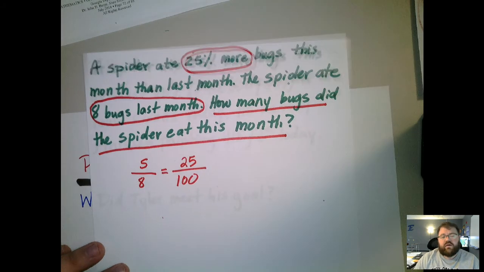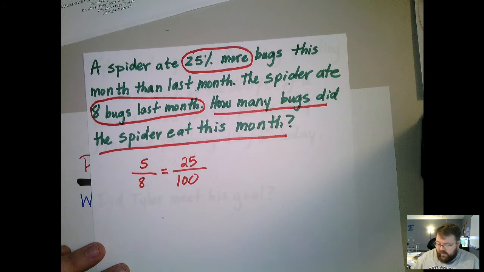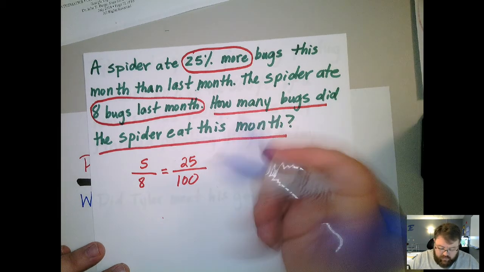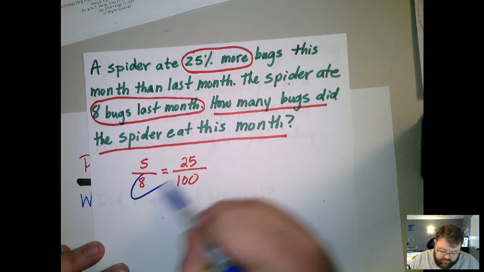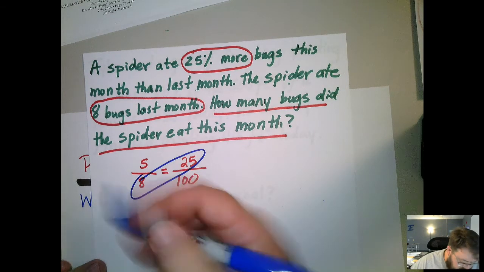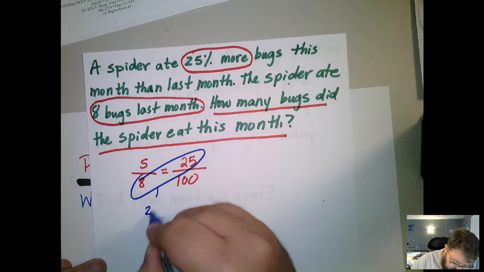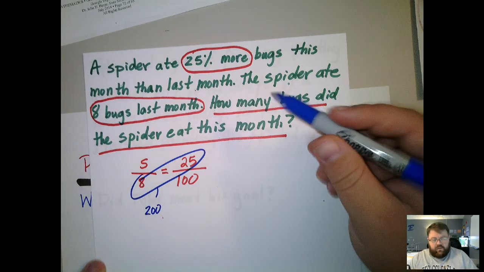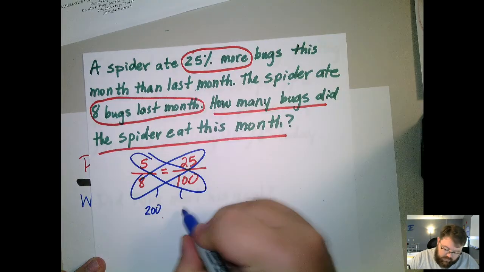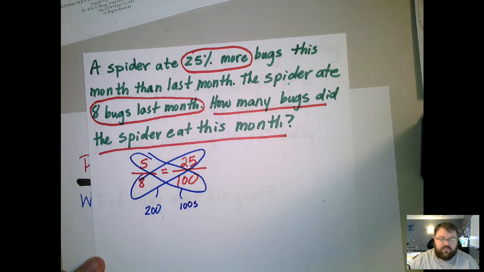Okay, so here is my proportion. I'm going to use cross products. I have 8 times 25, and 8 times 25 is 200. I have S times 100, which is 100S.